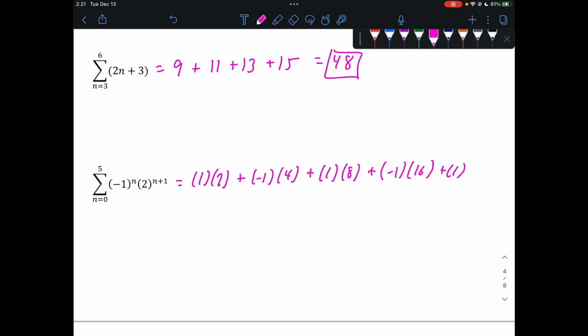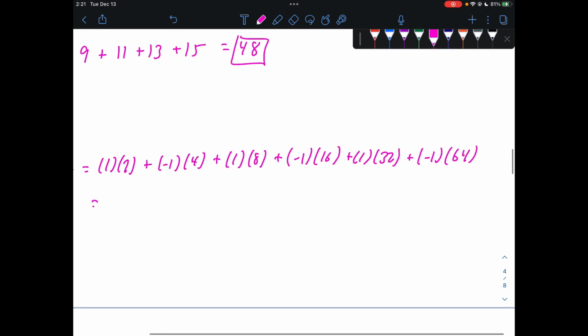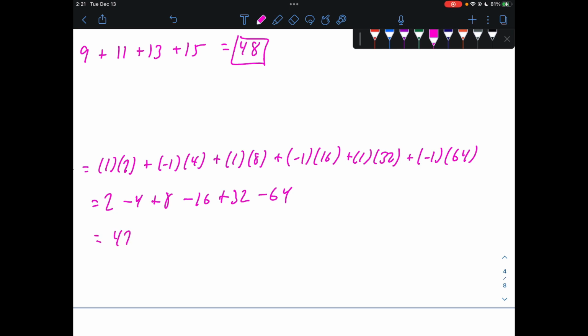Put 4 in, we would get this. And 5 in to get that. So we would get 2 minus 4 plus 8 minus 16 plus 32 minus 64. That's 42 minus 84, which is negative 42.